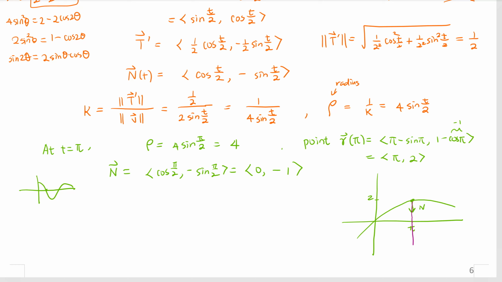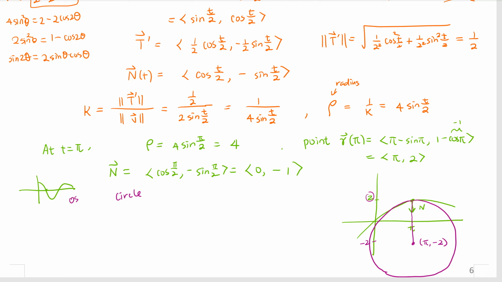Well, this guy is 2, so we go down 4 units. We will arrive, what can you say about this point? It will be pi and negative 2. Well, this guy is going to be the center of the osculating circle, because the osculating circle will look like this. Can you imagine, everybody?